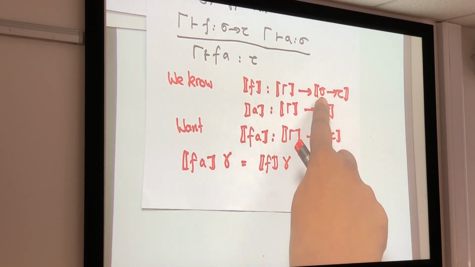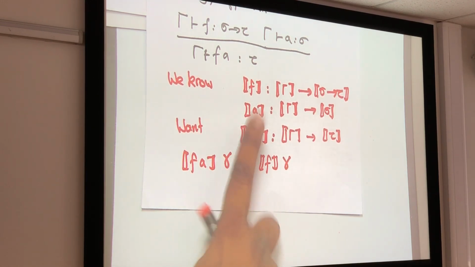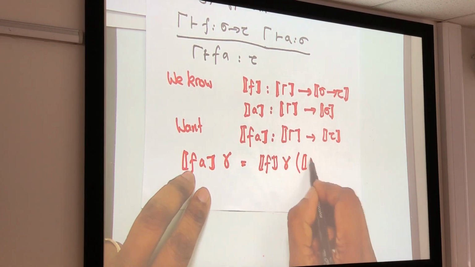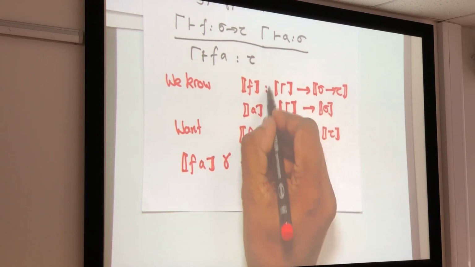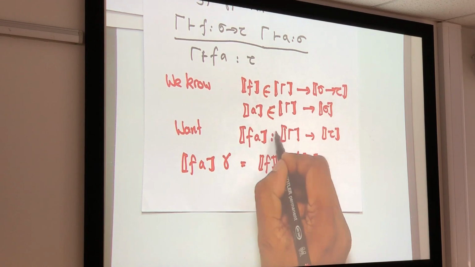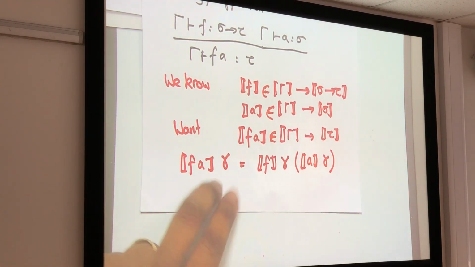How can I make something in the interpretation of sigma? Oh, maybe I can use this. But this requires some input, but I have some input. And there I'm done.